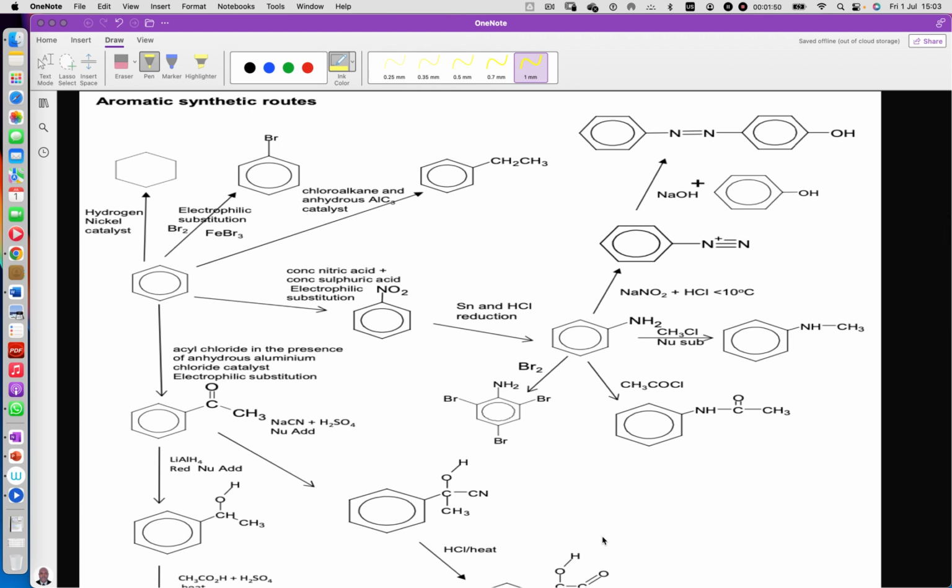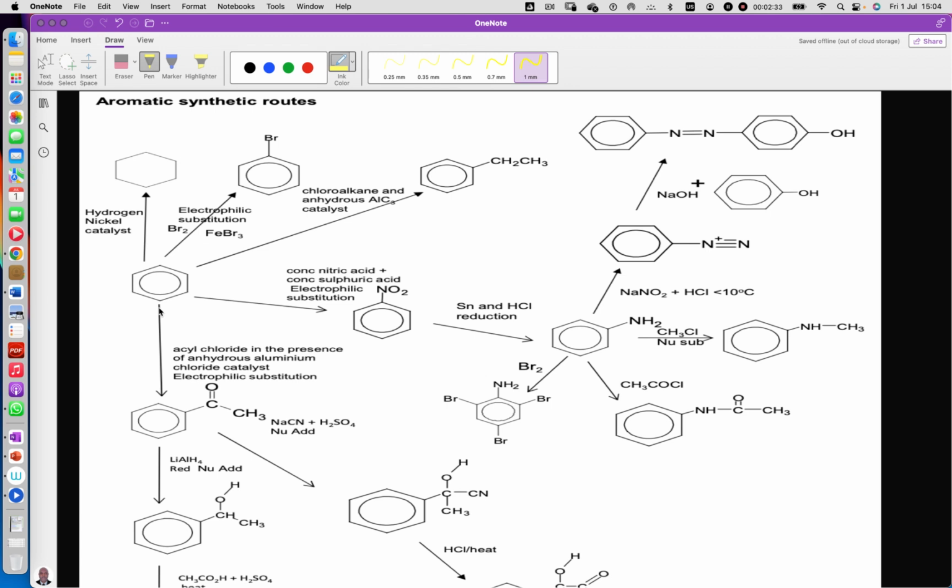Aromatic synthetic routes. We will be starting with benzene here. But it should be remembered that benzene has a high density of electrons in the ring. There is high electron density in the ring, and benzene will not undergo electrophilic addition.